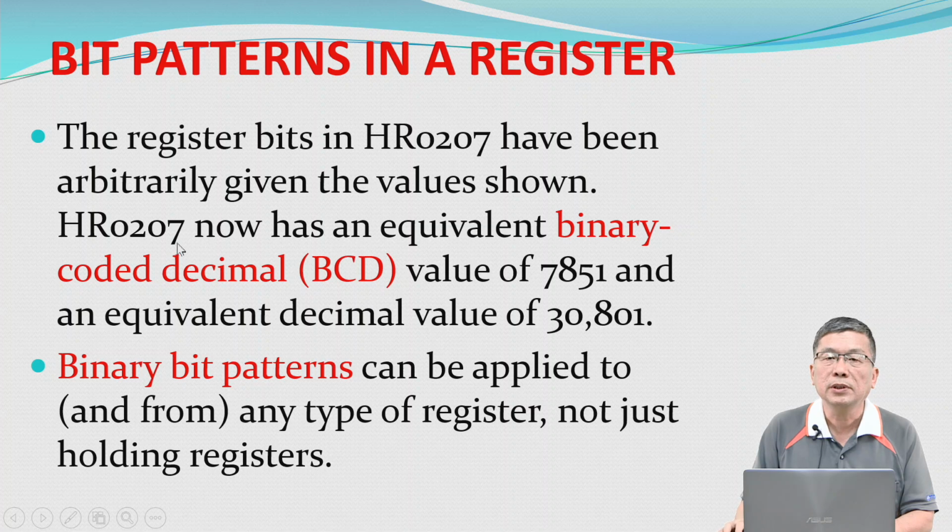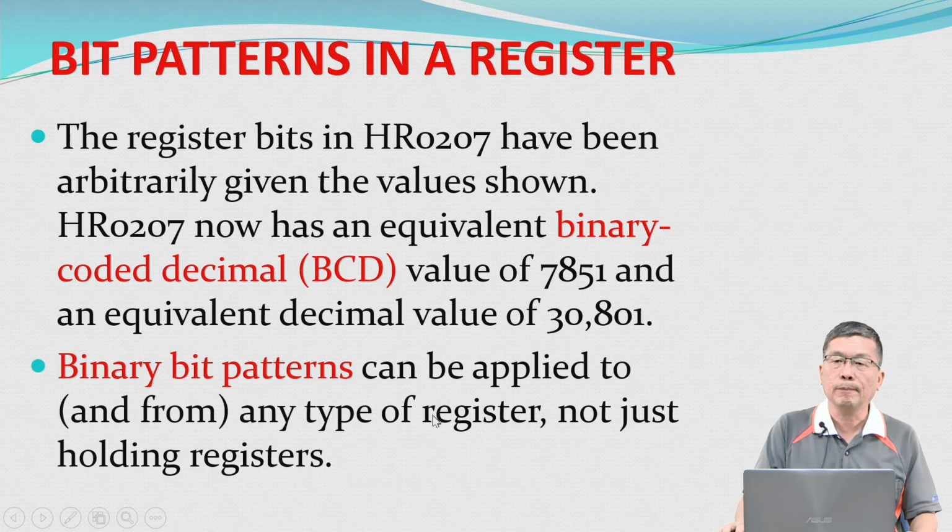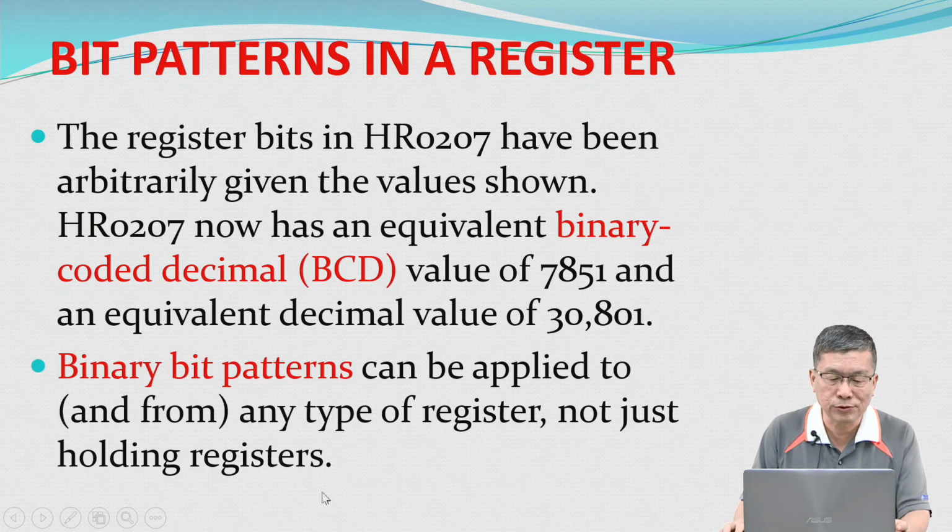Holding register 0207 now has an equivalent binary coded decimal BCD value of 7851 and an equivalent decimal value of 30,801. Binary bit patterns can be applied to and from any type of register, not just holding registers.